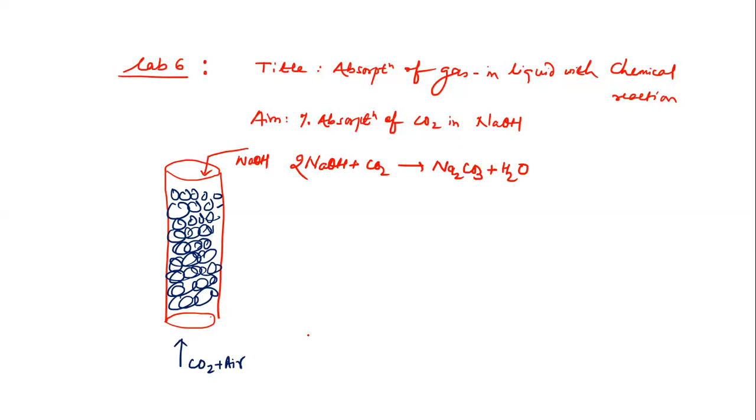Use this reaction and find out how much CO2 is absorbed. That's a simple calculation. Now, how do you find out? Let's just start with some concentration of NaOH. By the time the NaOH comes down, take out the sample and find out what is the remaining NaOH concentration.